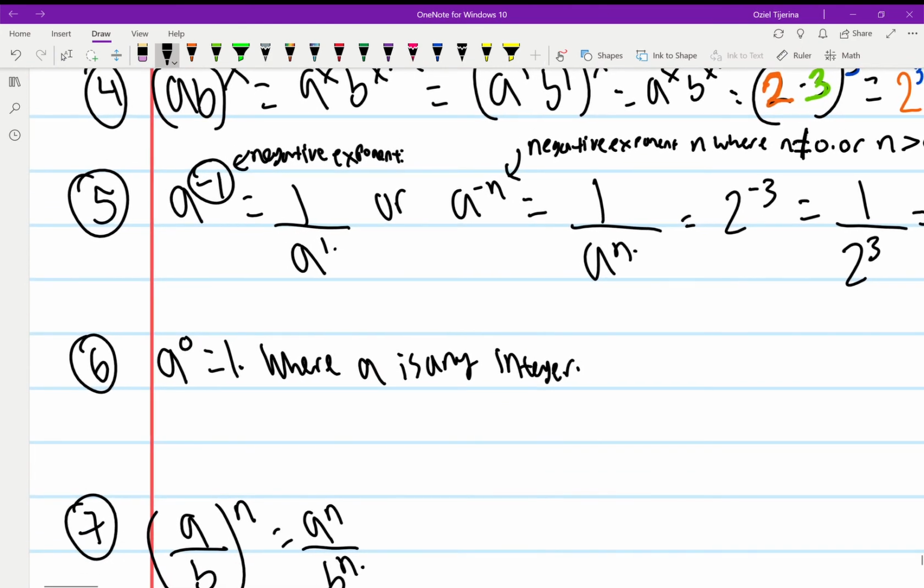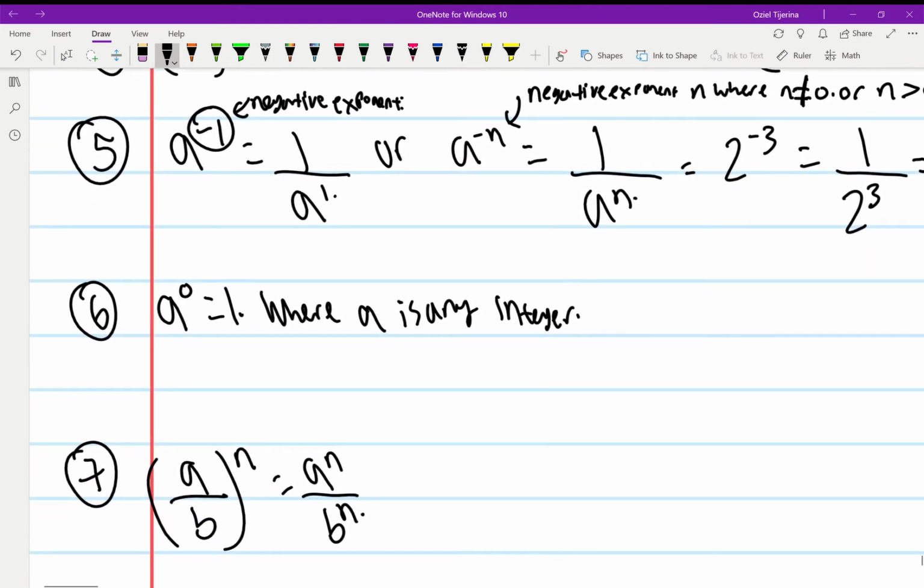And then we have this property here. If we have a to the 0, so anything to the 0 power is equal to 1. Remember that.